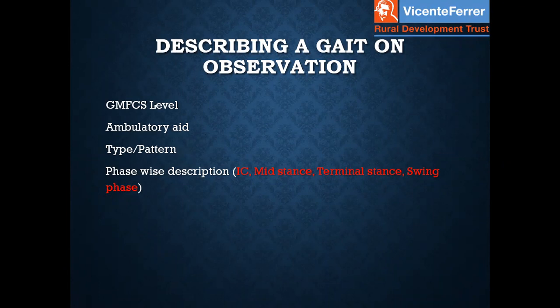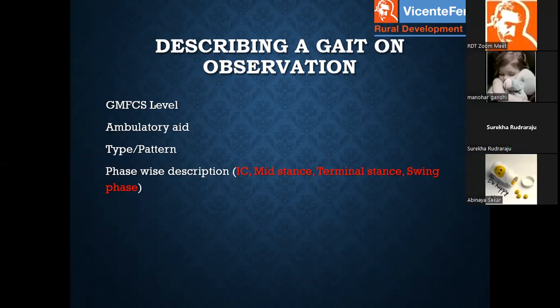Sometimes obviously it is not always possible to fit into the known patterns of gait. So in those situations we should describe phases of the gait cycle, what exactly is happening during different phases of the gait cycle. So as we discussed just before, we should describe what's happening in the initial contact, what's happening in the mid stance and the terminal stance, what's happening in the swing phase. If we can describe these things, it will be very clear which muscles are affected more.